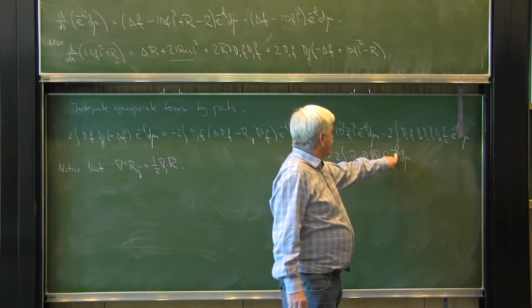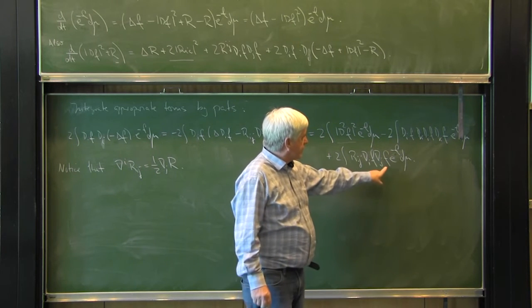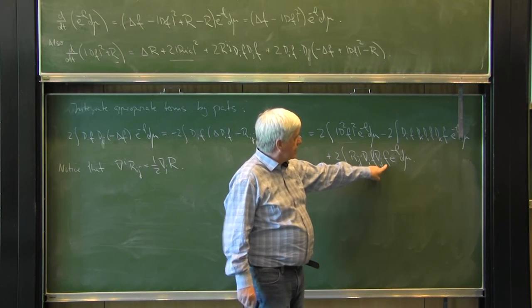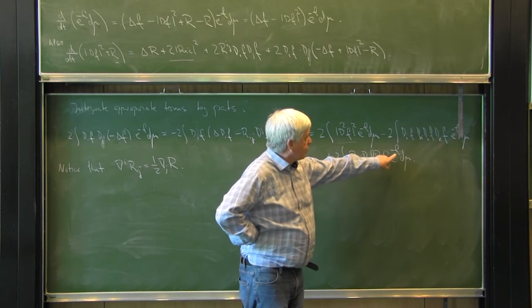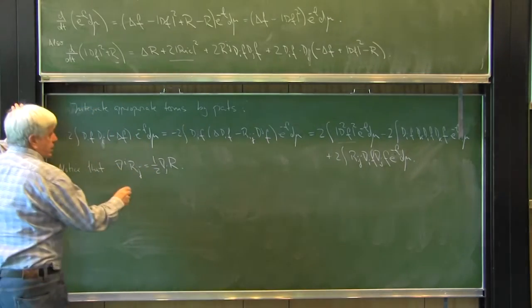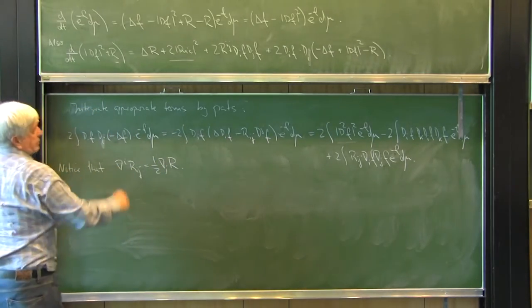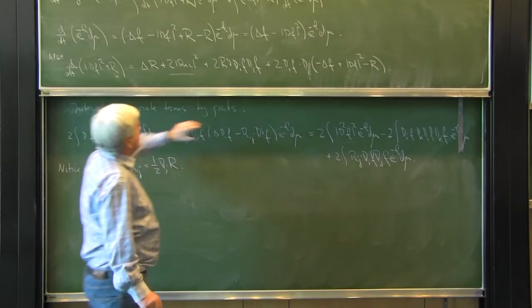You get a Hessian term here, ∇_j f e to the minus f can be written as minus ∇_j of e to the minus f. We got 2 of these terms from here, and we got 2 of these terms from there.